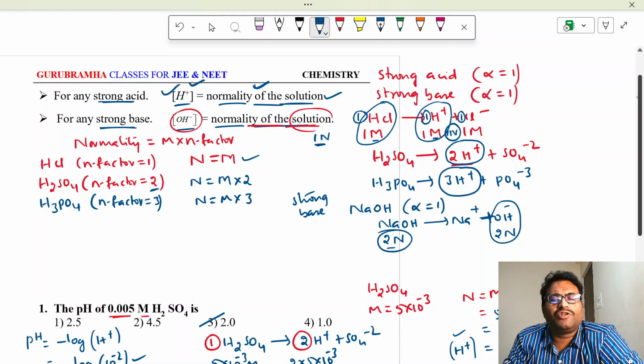So slowly, this is a video. The benefit of this video is that you can rewind how many times you require. You can rewind it, you can play it. If you don't understand, again you can rewind it and play it. Whenever you are listening to physical chemistry especially, write it in your notes, because mathematical operations are involved here.